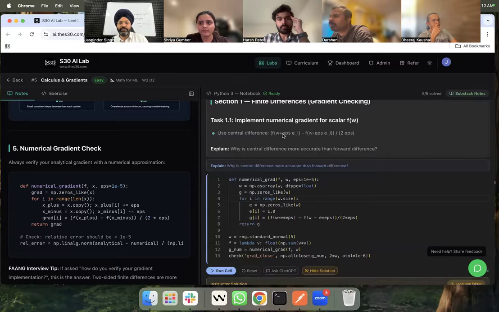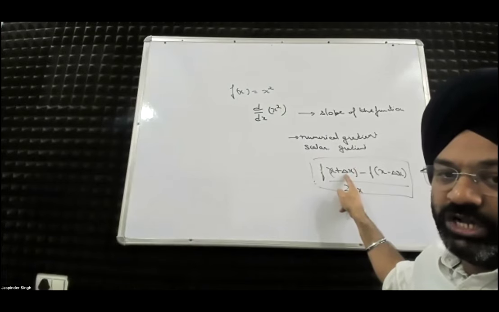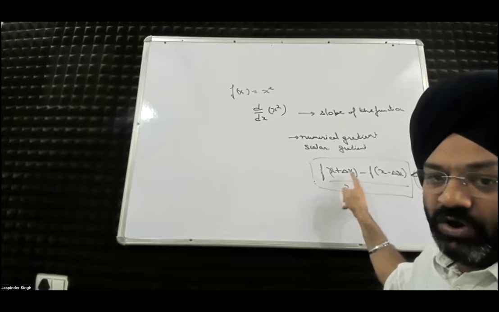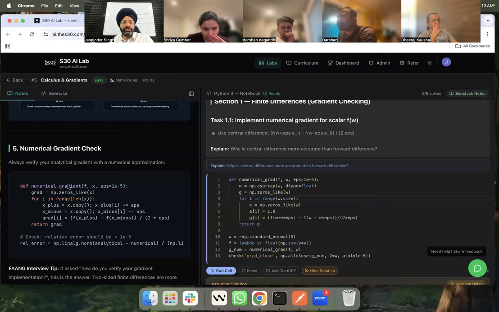We are doing f(w plus delta w) minus f(w minus delta w) divided by 2 delta w. This is essentially what we have written on the whiteboard: a small step in the forward, a small step in the backward direction.